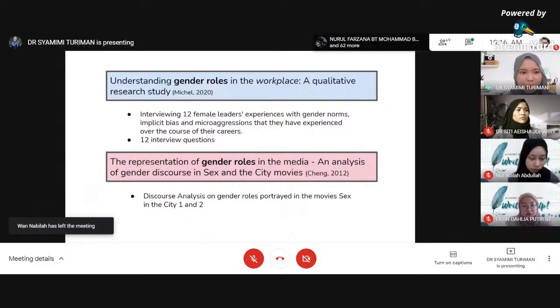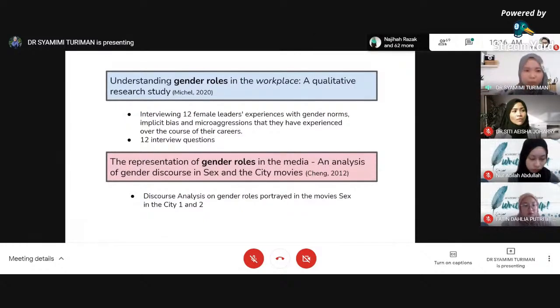From the topic here, we can understand that yes, it's a qualitative research study. So it's not surprising, as we read on, we understand that the research involves interviewing 12 female leaders about their experiences with gender norms, implicit bias, and microaggressions that they have experienced over the course of their careers.